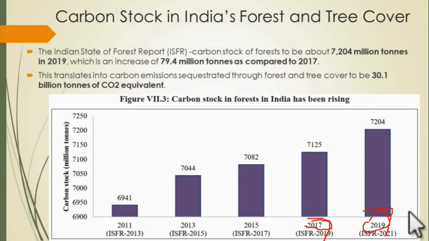Very important from the prelims point of view. The increase is not very high, nor is it very small. Slowly our forest cover is increasing, that's what the report is saying, and slowly we are gaining more and more carbon sink. We are restoring carbon in the form of trees. The carbon sequestered through forest and tree cover is estimated at 30 billion tons of CO2 equivalent.